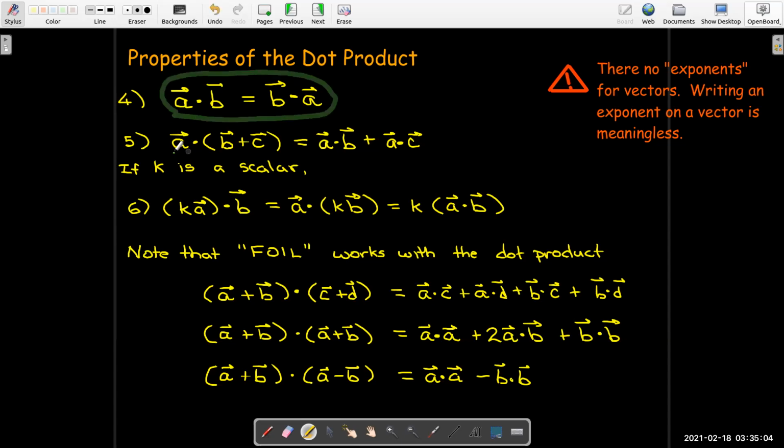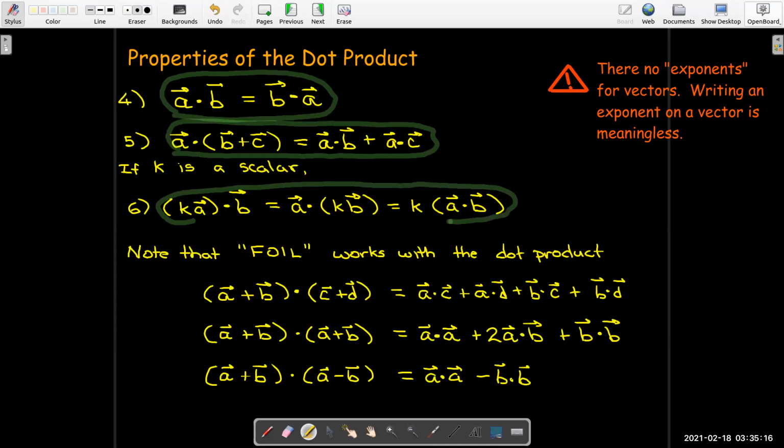We have a distributive property across addition. And then we have an associative property for scalar multiplication with the dot product. We could also use FOIL, but we're not really going to use that in these examples.